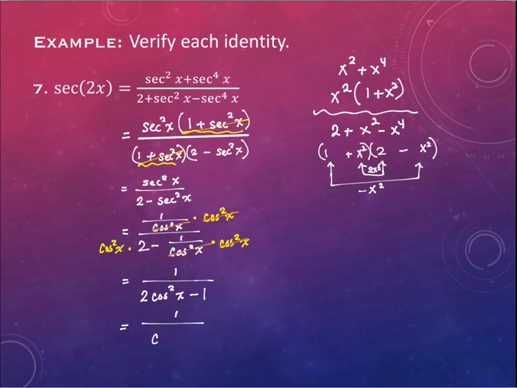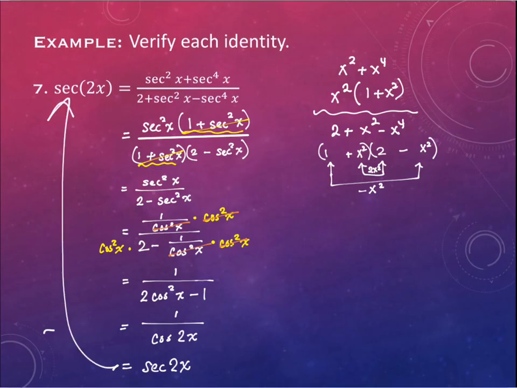I have cosine of 2 theta, but ours is x, so 2x on bottom. 1 over cosine of 2x. But what is 1 over cosine? It's secant. This is equal to the secant of 2x, which is exactly where I wanted it to end. These are now equal, and I'm done.